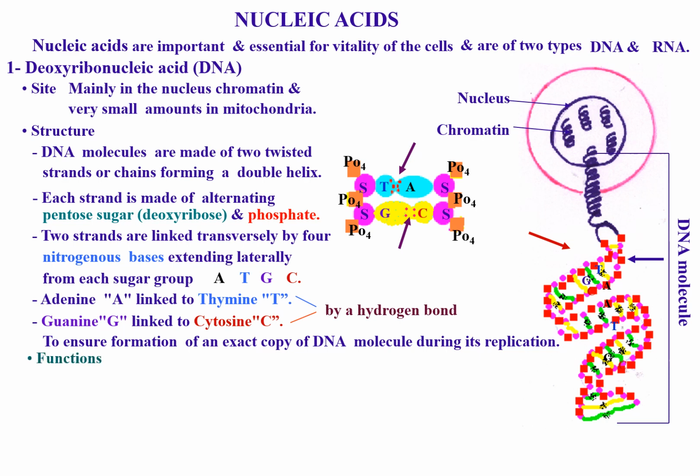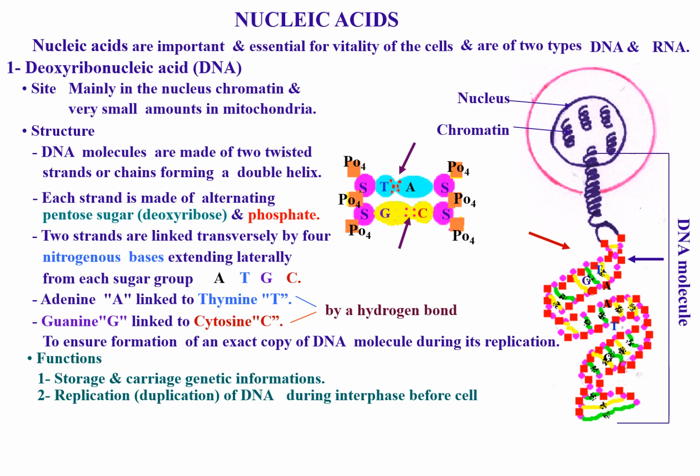Functions of DNA molecules. Storage and carriage of genetic information. Replication or duplication of DNA molecules during the interphase before cell division, thus keeping the amount of DNA molecules constant in daughter cells.